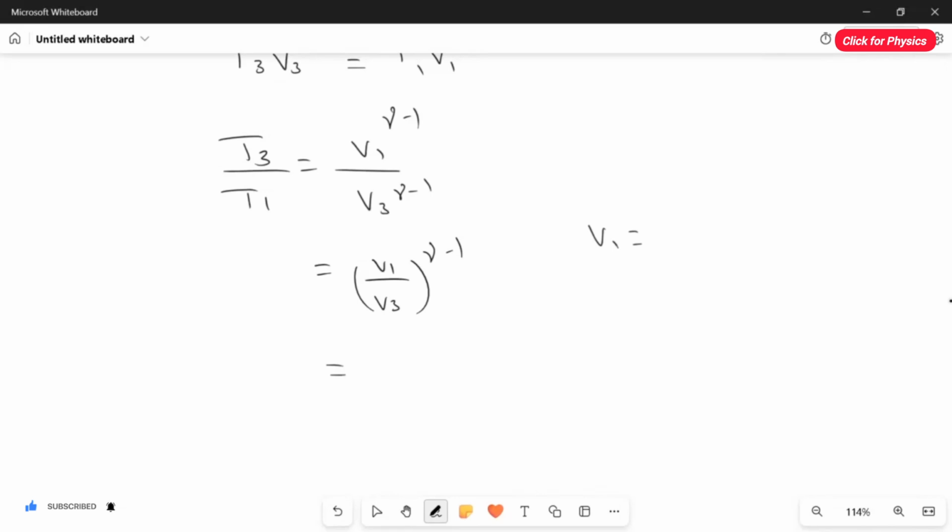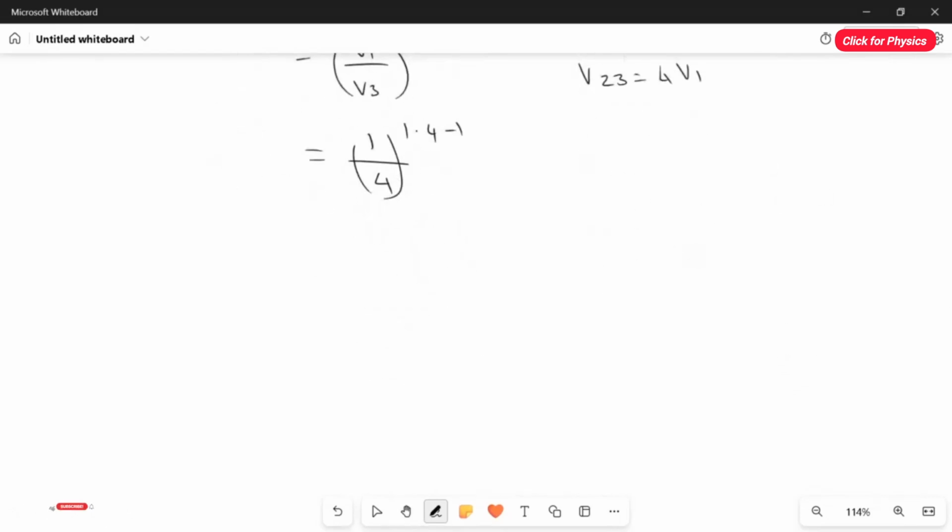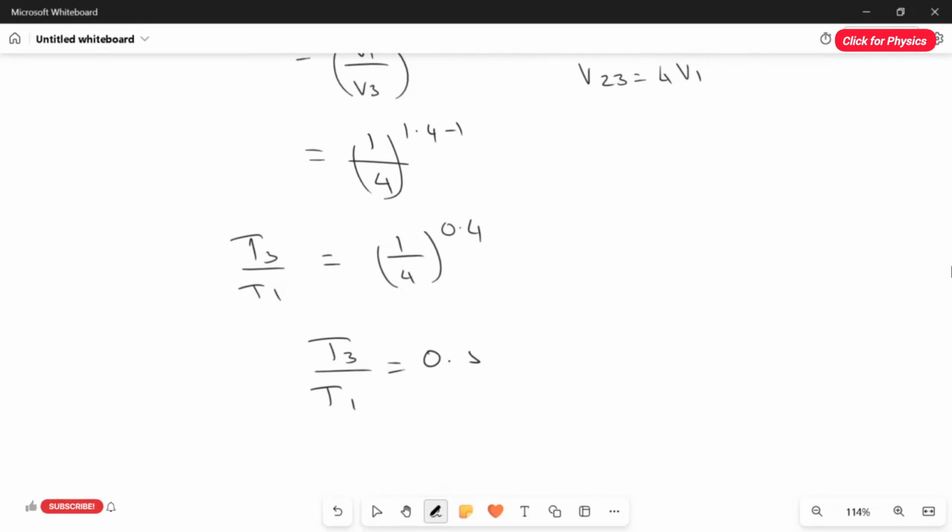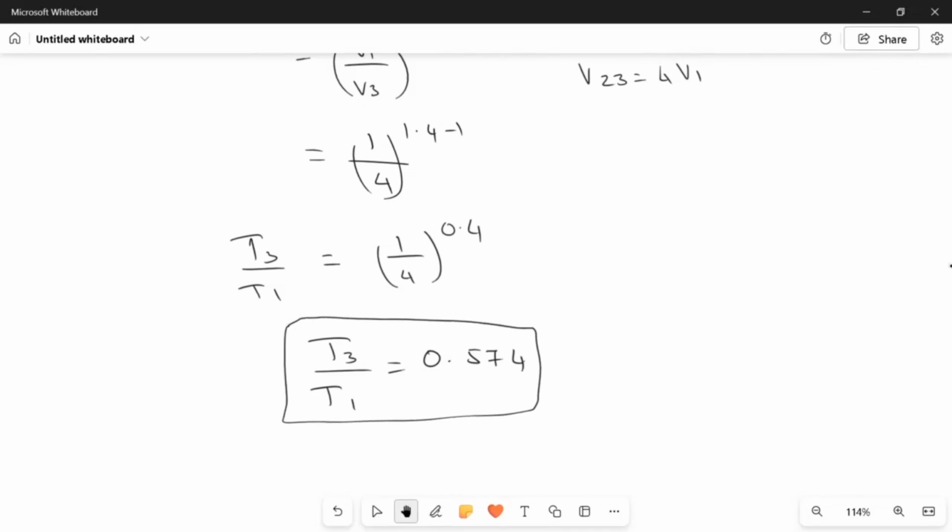Again V1 from the figure is 1, and V3 is 4 times V1. So 1 over 4, and the gamma value is 1.4 minus 1. So here we got the right hand side, which is T3 over T1: 1 over 4 to the power 0.4. After I use my calculator, I got the answer as 0.574. So this is the answer for this question. That's it. Thank you.